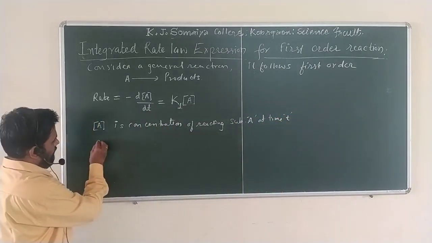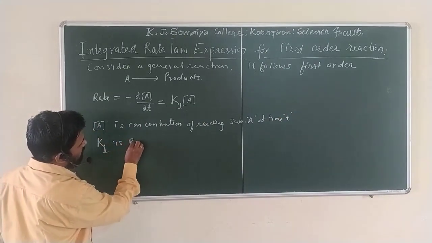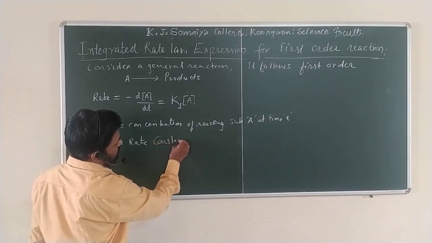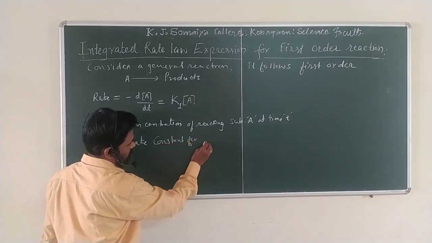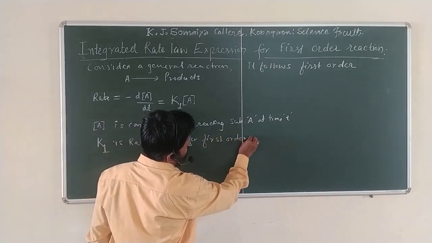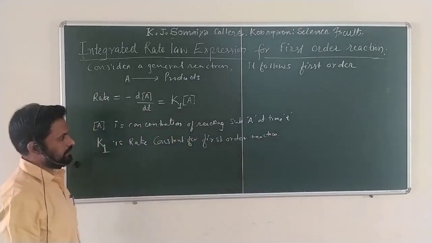And K1 is the rate constant for first order reaction. These two things we have to consider first.